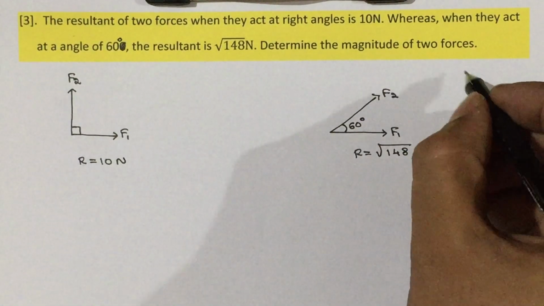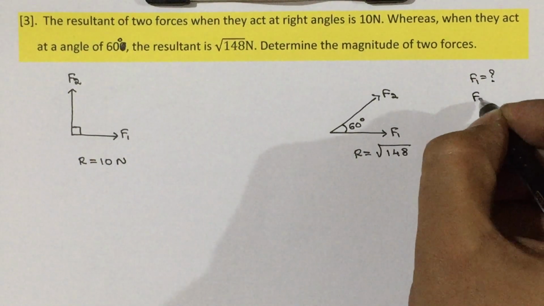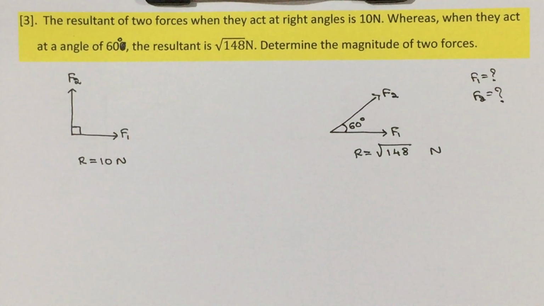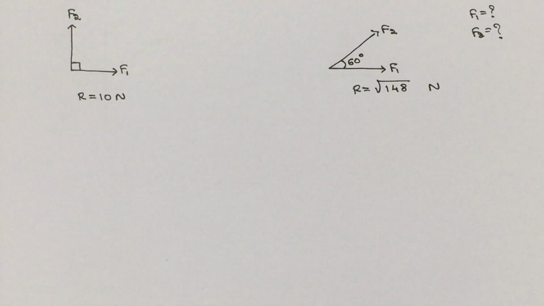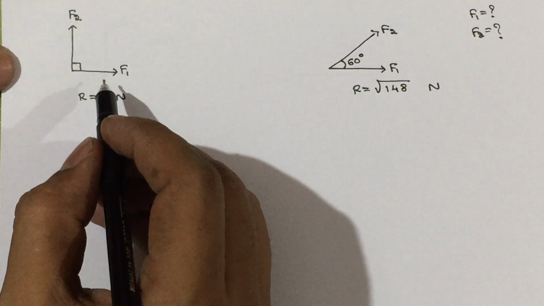Determine the magnitude of the two forces, that is F1 is equal to question mark, F2 is equal to question mark. So, let us solve one by one. Let us solve this case first.